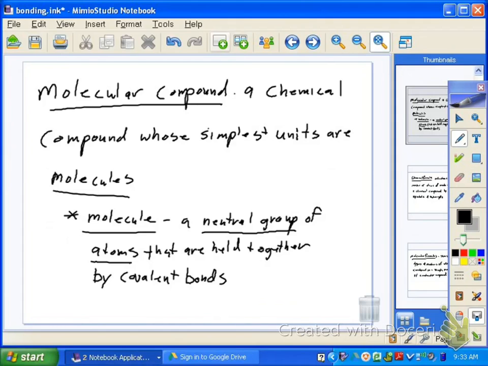Carbon's 1, nitrogen 2, oxygen, fluorine, phosphorus, sulfur, chlorine, selenium, maybe, bromine, iodine. 1, 2, 3, 4, 5, 6, 7, 8, 9, 10. We only have 10 elements that are included out of the 90 that would be molecules. Okay?